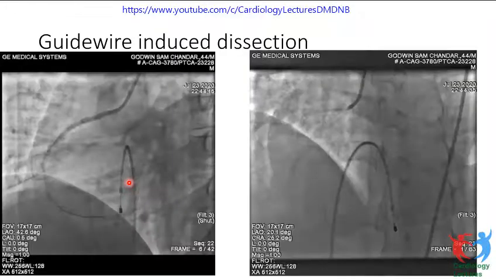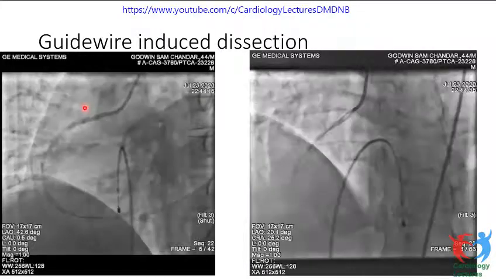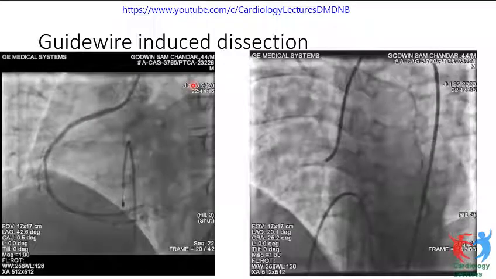And next, coming to wire-related dissections, this is an example. This patient recently had an inferior wall MI some week or 10 days back. That night, we did a primary angioplasty for him, and the RCA was stented, and he had a complete heart block.